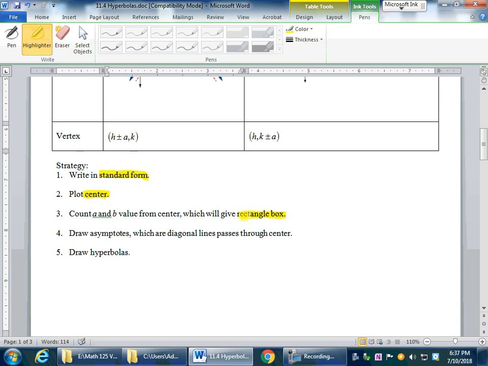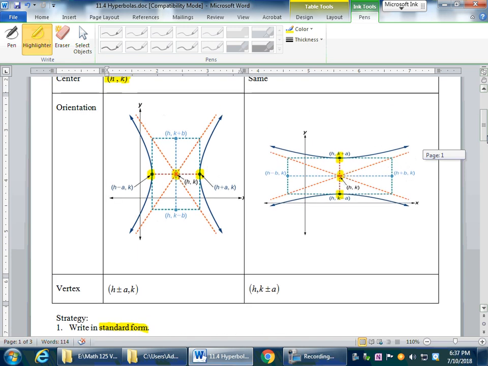That's the reason why the graph of the hyperbola has a rectangular box in a dotted line.